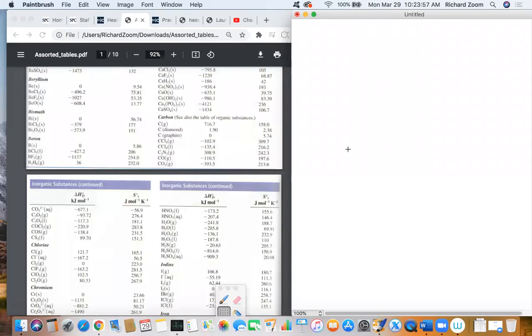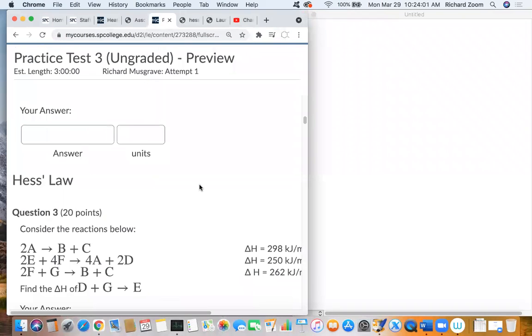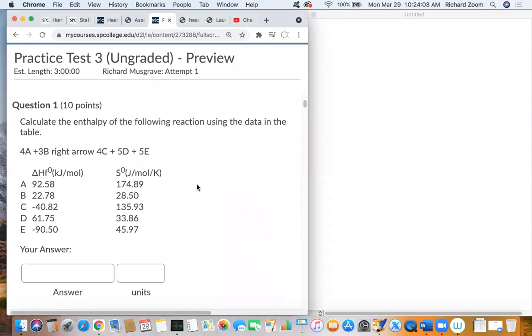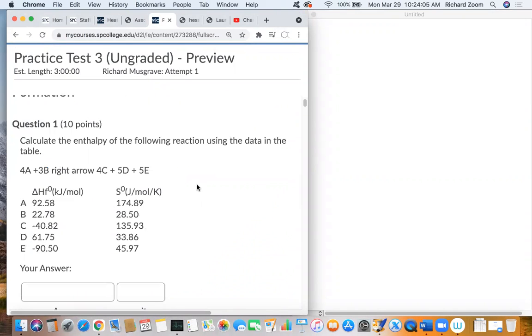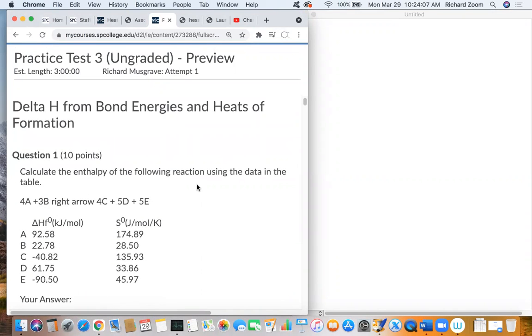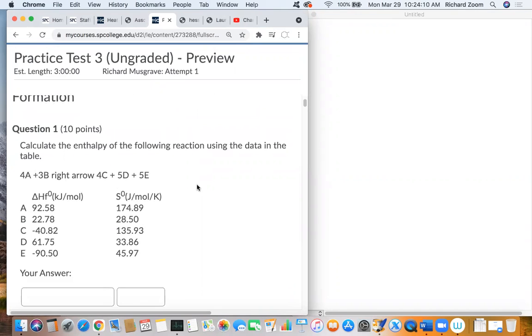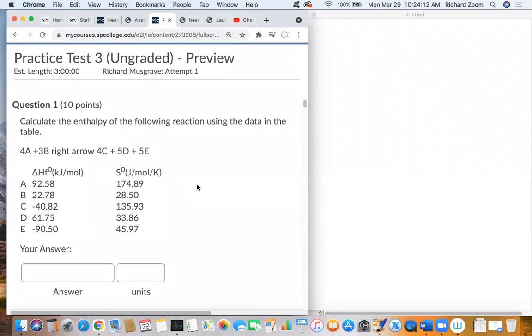All right, let's look at the other two questions here, the first two. These are based on the delta H from bond energies and heats of formation. Question 1 is about calculating the enthalpy using the heats of formation.